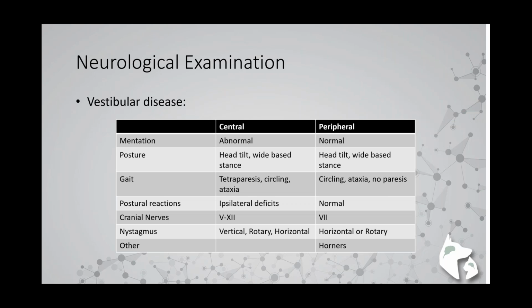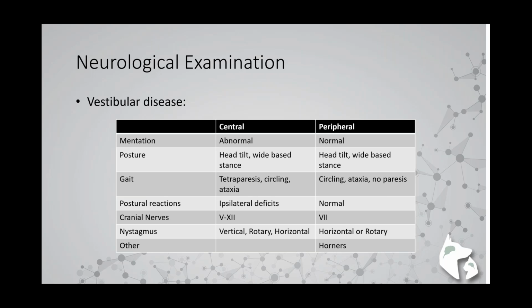This is our slide trying to better assess vestibular disease patients, patients that are off balance. Are they central, meaning their brain is being affected, or are they peripheral and maybe have an inner ear issue? Some things that would help you lean toward central would be any patient that has an abnormal mentation. You're going to think more brain involvement.